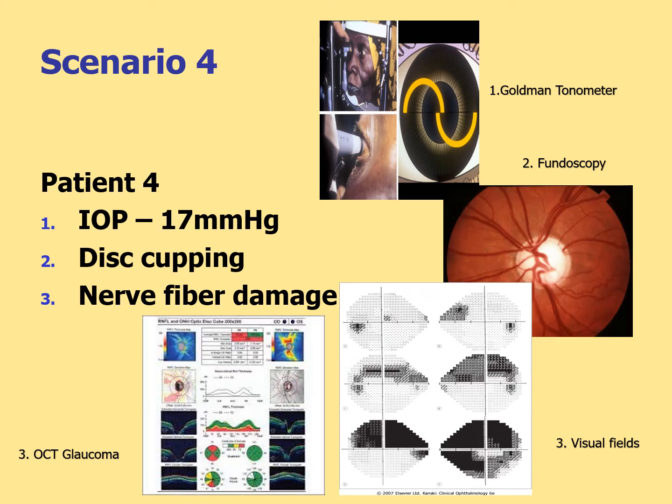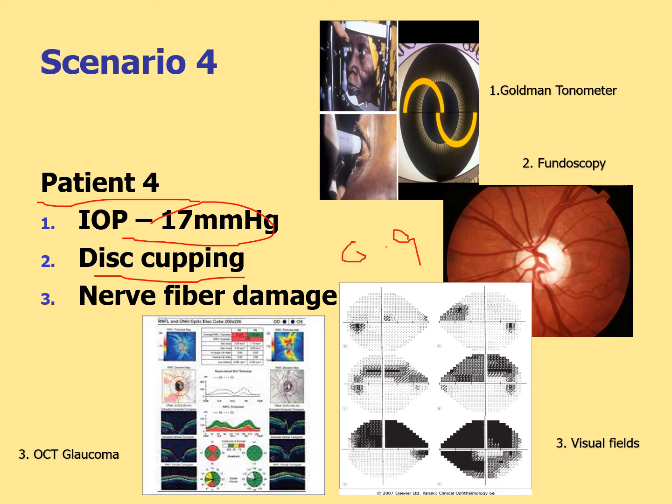Now let's move on to patient 4. Patient 4 has got intraocular pressure of 17 mm of mercury, which is very normal and very good. Look at the disc cupping. Disc cupping is nearly 0.9.